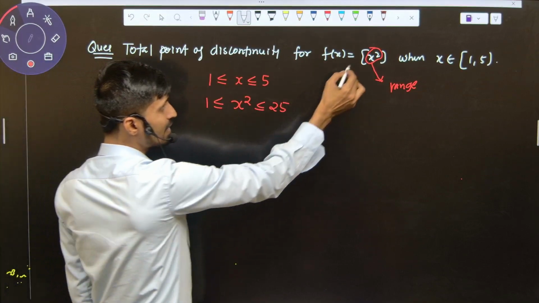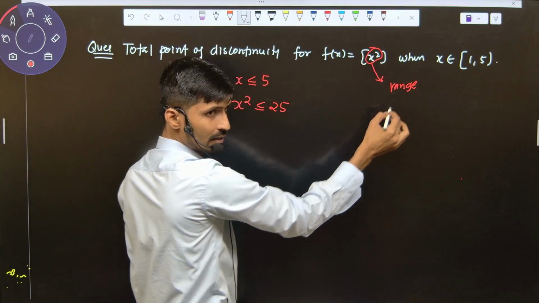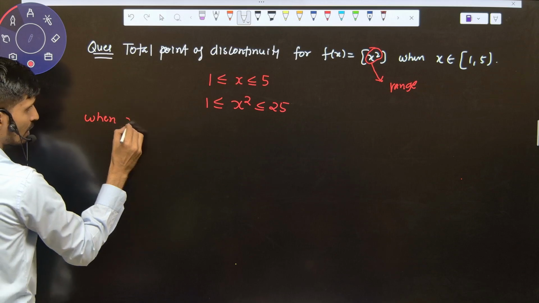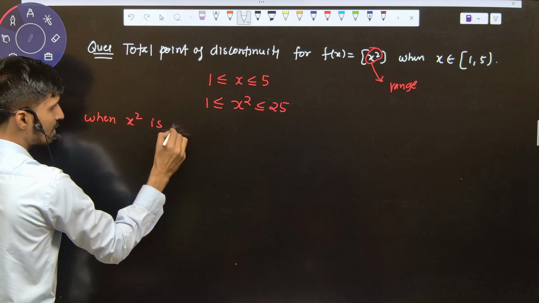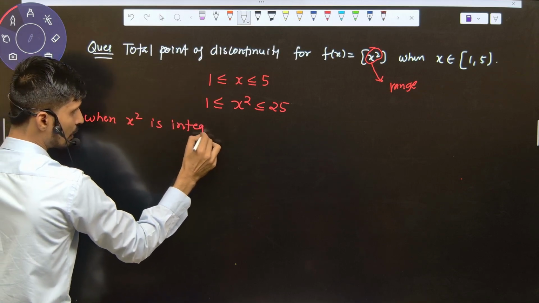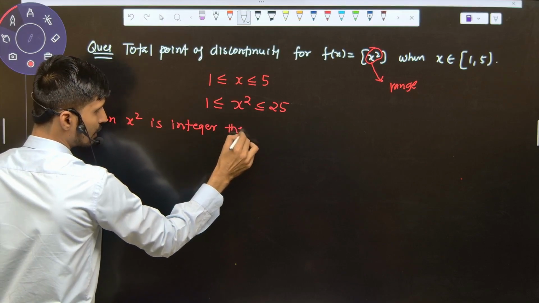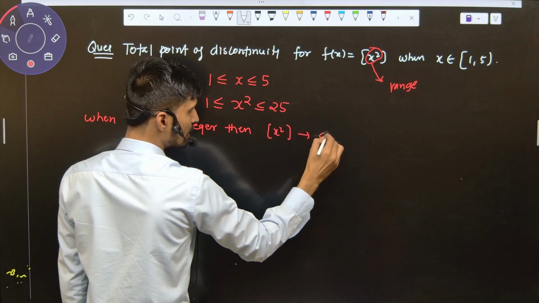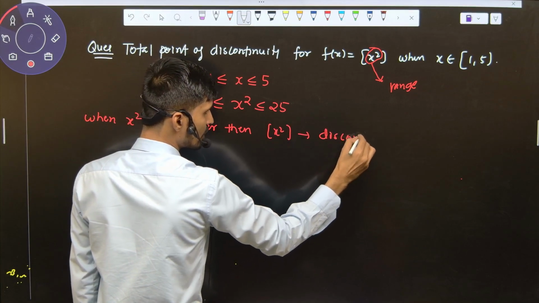And when will this x square be an integer? When x square is an integer, then greatest integer x square is discontinuous.